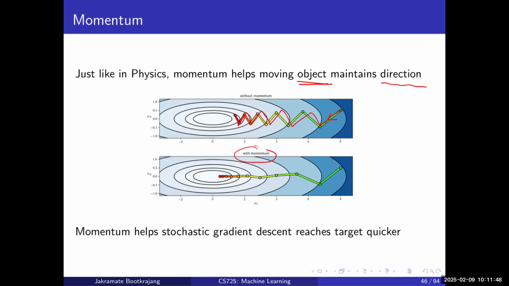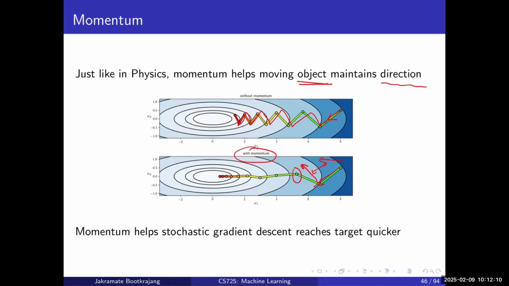But if you use momentum, at the beginning you go this way, but the next time that you move, you want to go that way, so you combine both directions from the previous one. So you don't have to go up, you can go further into the function.